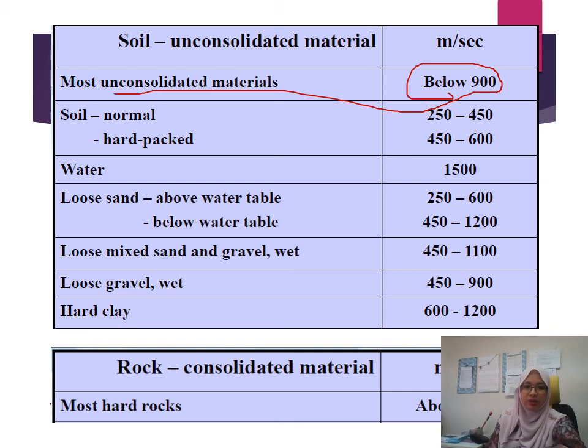You can see if your soil is normal or hard packed, what the velocity is, for water, loose sand, mixed sand, gravel, hard clay, and so on. For rock and consolidated material, the velocity is more than 2,400 meters per second.